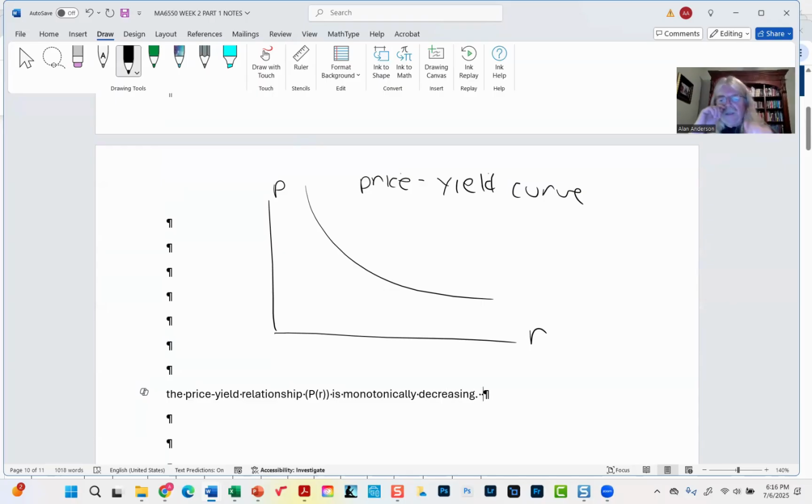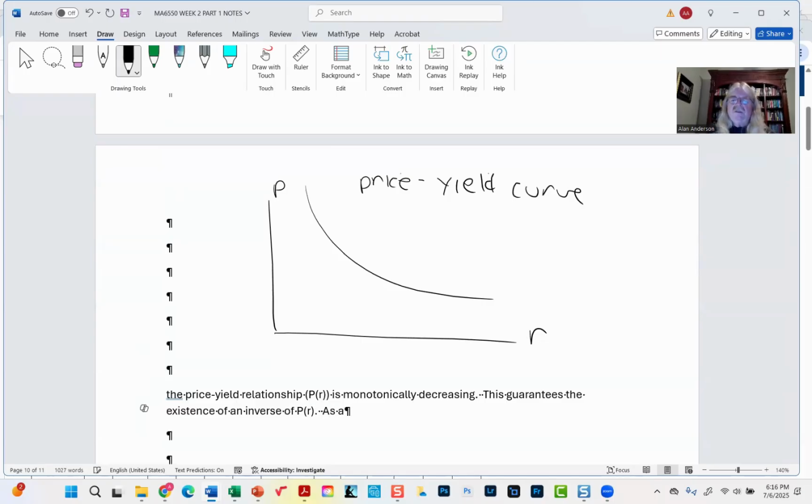Remember what that means. It means that when R is rising, P is always falling with no exceptions and vice versa. This guarantees the existence of an inverse of P of R.